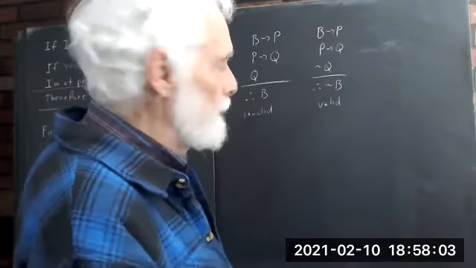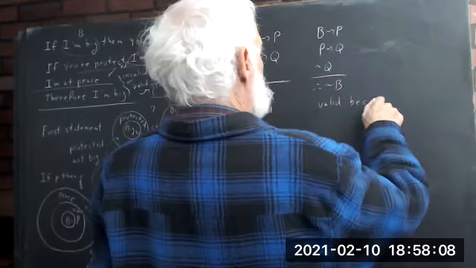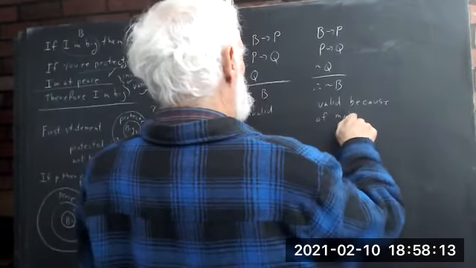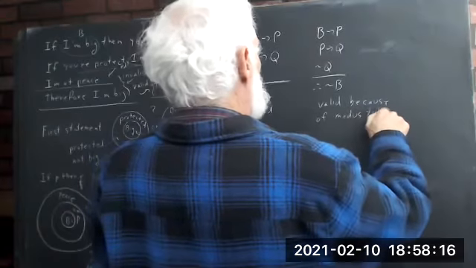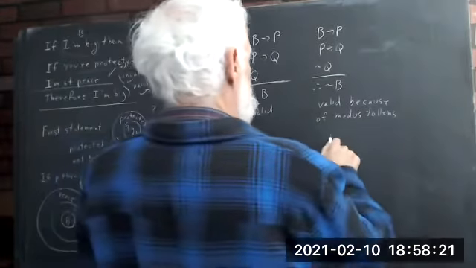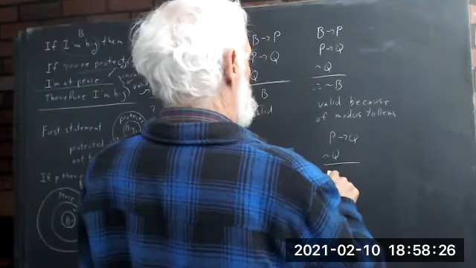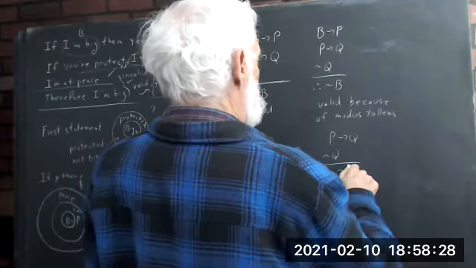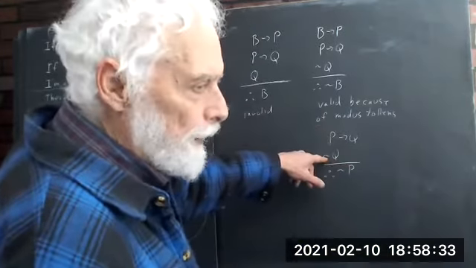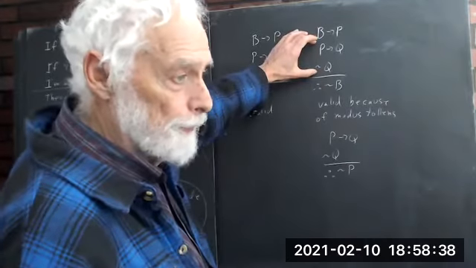Why is this valid? Because of modus tollens. And modus tollens says if P then Q and not Q tells you not P. So part of the argument tells you that P is false.